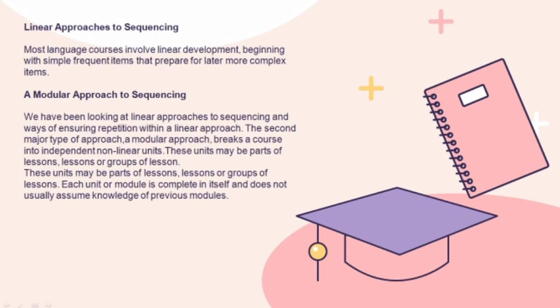And a modular approach to sequencing. We have been looking at the linear approach to sequencing and ways of ensuring repetition within a learner's approach. The second major type of approach, a modular approach, breaks a course into independent learning units.